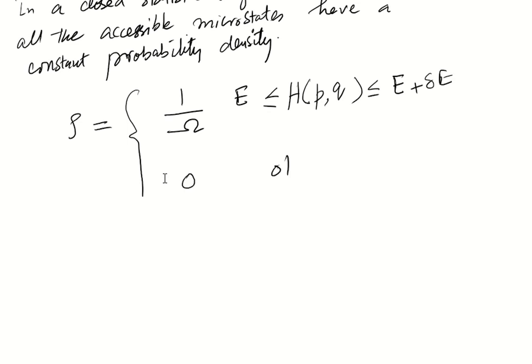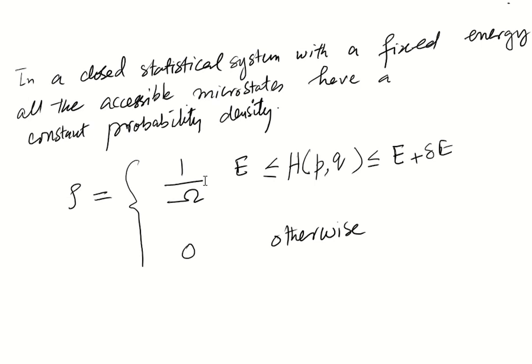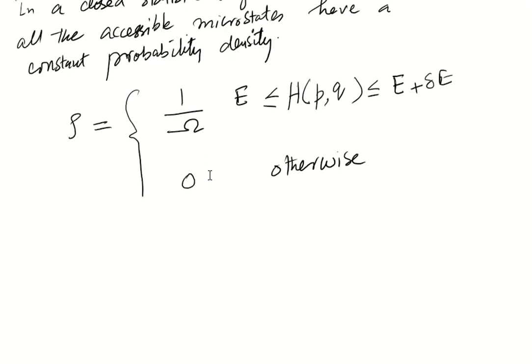This is also very important, and this is the case of fixed energy. This is true only if the system is isolated and it has a fixed energy. So I should mention, what is omega? Omega is the total accessible microstates.